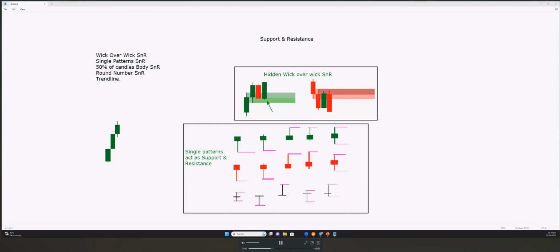And if you find there's no price action in the past, so for example, if we found that in this candlestick, there's no price action in the past within 50 candles, so we will take the 50% level of each candlestick. Like this, the 50% level is called a support and resistance.